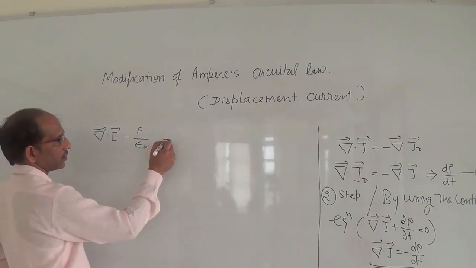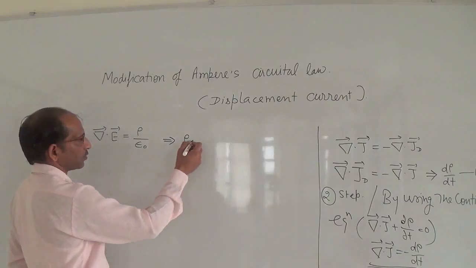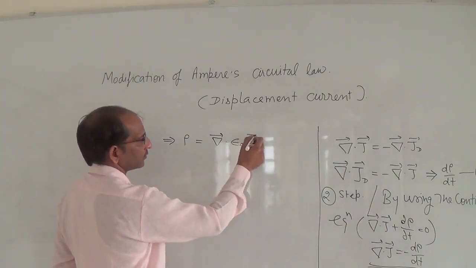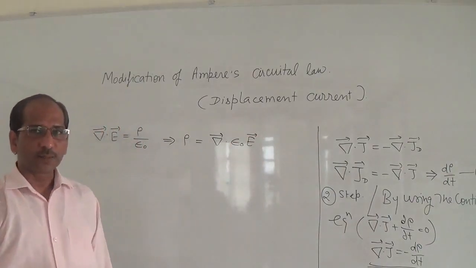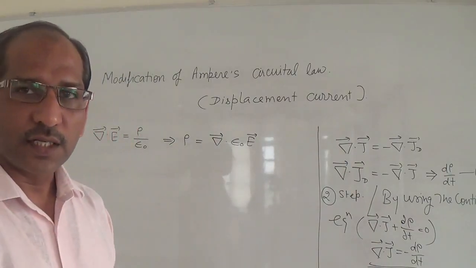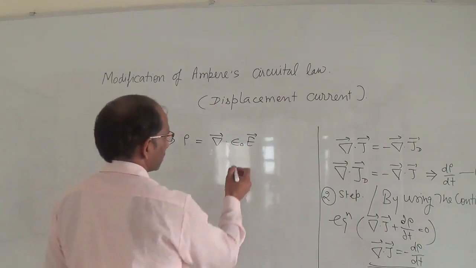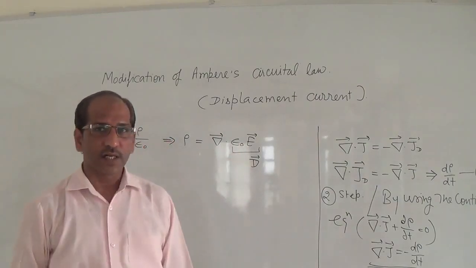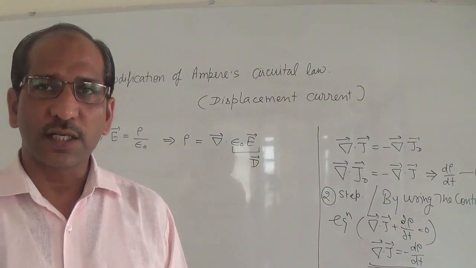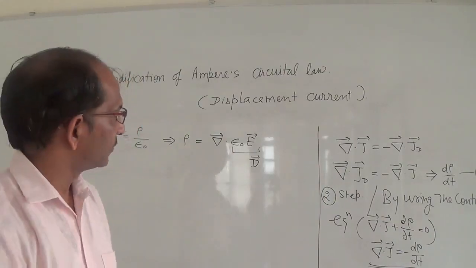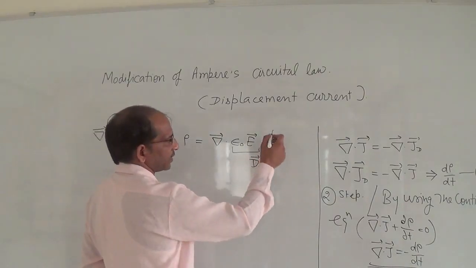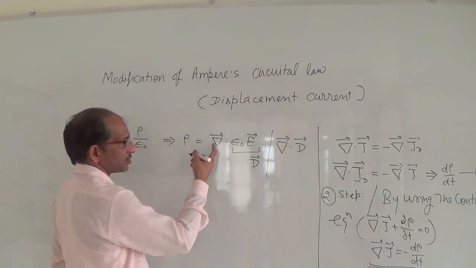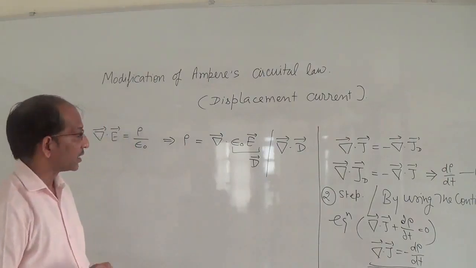So from here one can compute the result that rho is equal to del dot epsilon naught E, and epsilon naught E is the electric displacement, represented by the letter D, vector D. So it can be written as del dot D, but I am using as it is del dot epsilon naught vector E.